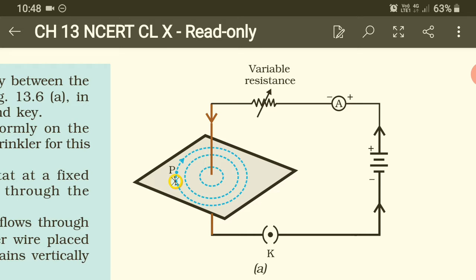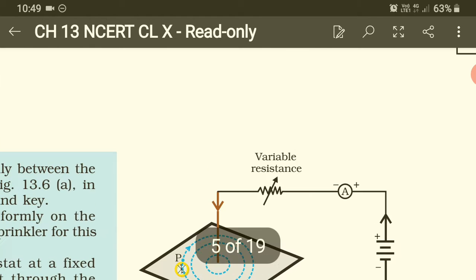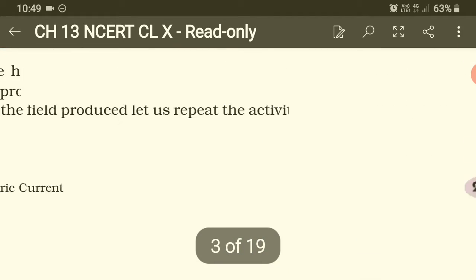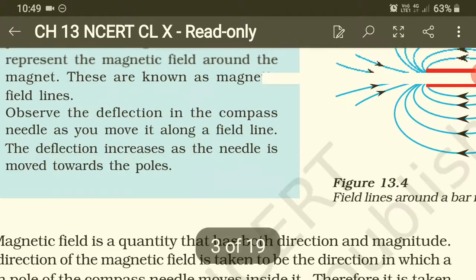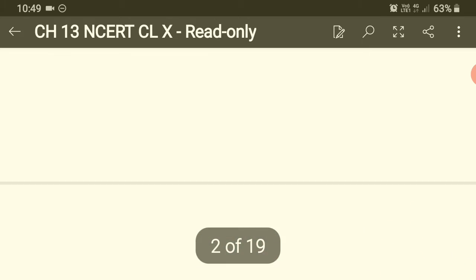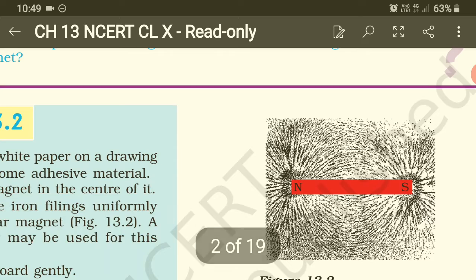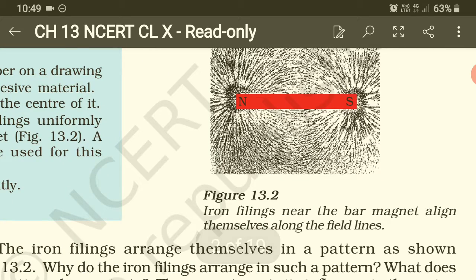You will be surprised to know that these iron filings arrange in the same pattern as around the bar magnet, as we have done in our NCERT, and we have seen this in figure 13.2.